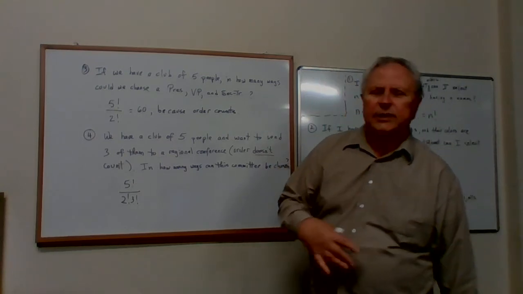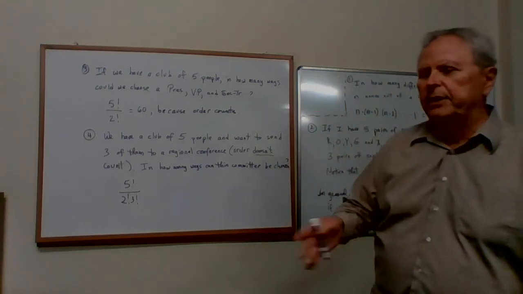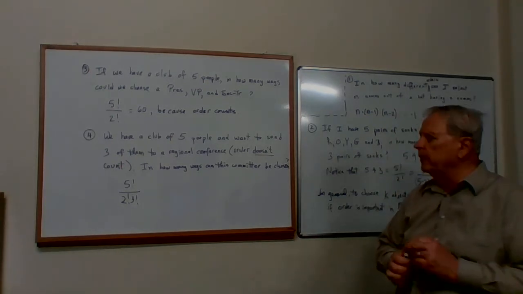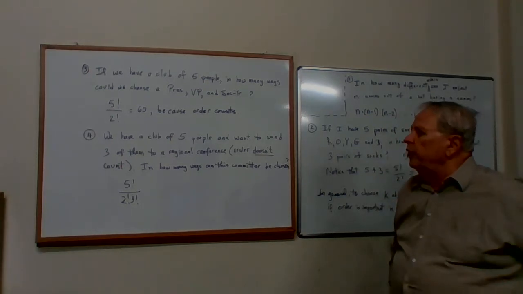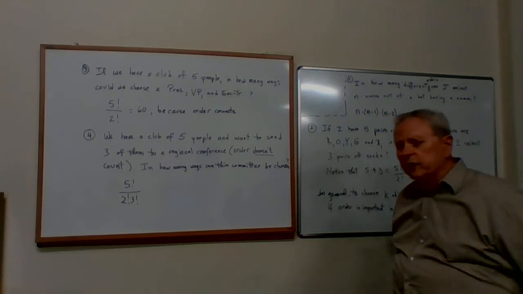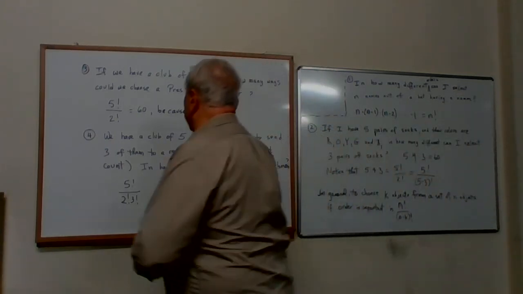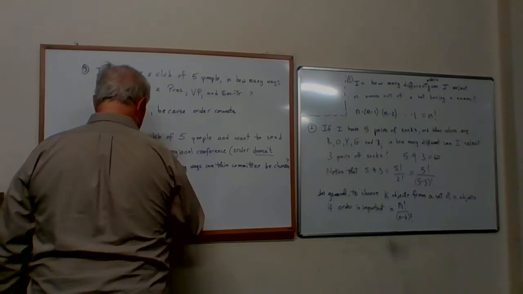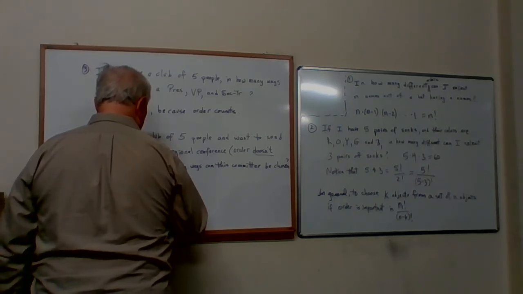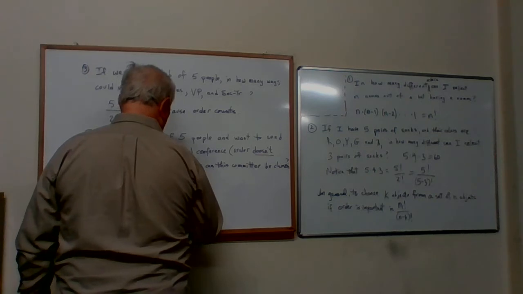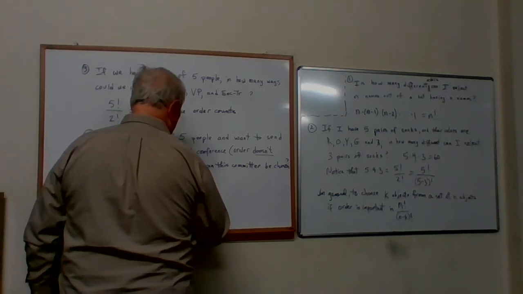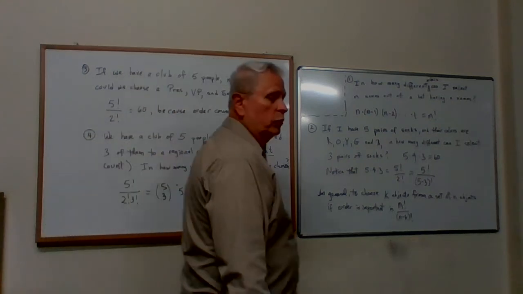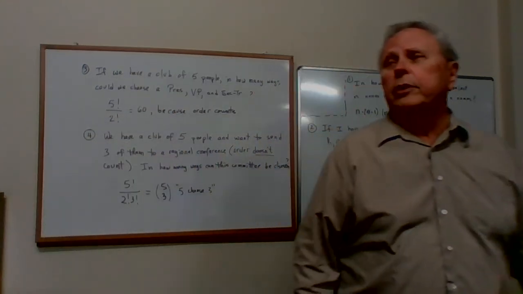ABC, BAC, BCA, CAB, CBA, ACB, the 6 ways of ordering the 3 of them. This number is called the binomial coefficient, 5 choose 3, because I've got 5 and I'm choosing 3 and the order isn't important. I'm just picking them.